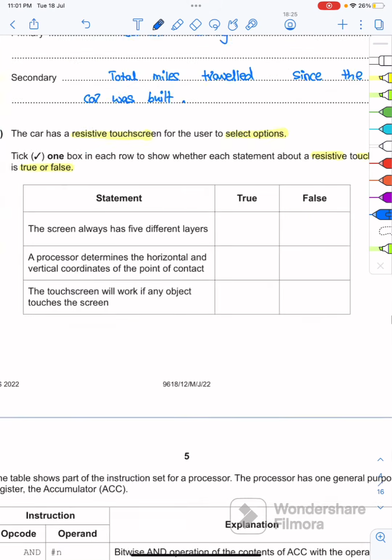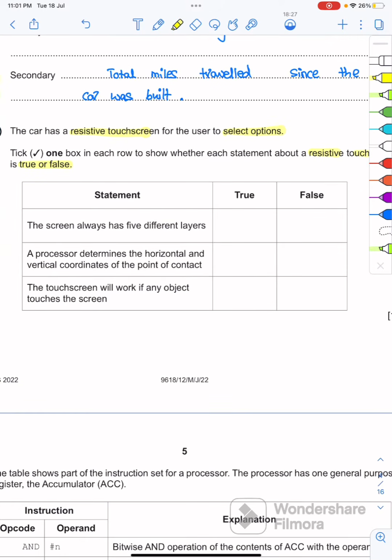So the screen always has 5 different layers is the first statement, and that is false. A processor determines the horizontal and vertical coordinates of the point of contact. So yes, that is true for a touch screen as I am using right now.